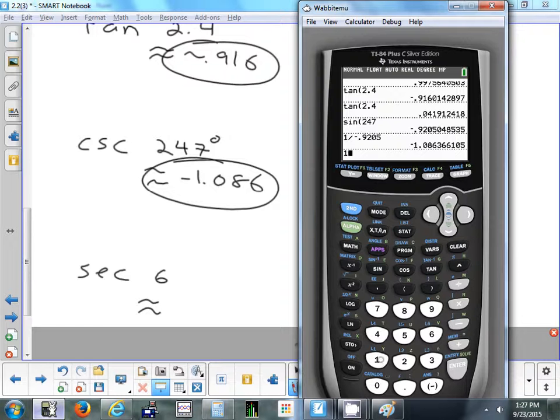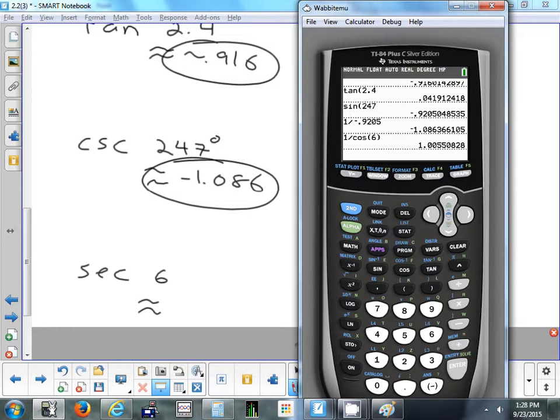Just type in 1 divided by cosine of 6. This will find the cosine of 6 and flip it all in one step. If you don't want to do it that way, find the cosine of 6 first, and then flip it yourself.